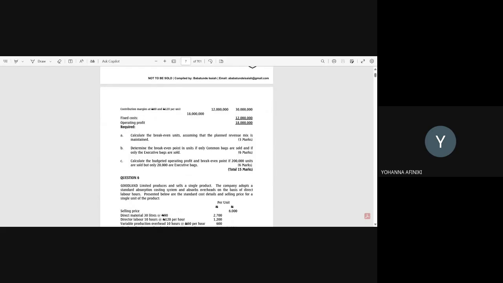B, determine the break-even point in units if only common bags are sold and if only executive bags are sold. C, calculate the budgeted operating profits and break-even point if 200,000 units are sold, but only 20,000 are executive bags.